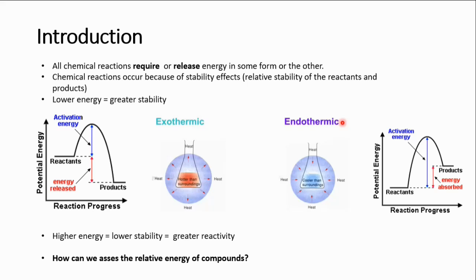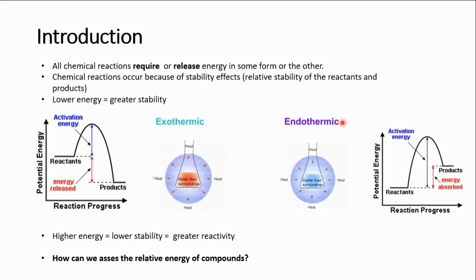So you see, all chemical reactions have an endothermic aspect to them, as well as an exothermic aspect. However, the process which dominates will be the overall process. And so we say that the reaction is exothermic or it is endothermic.